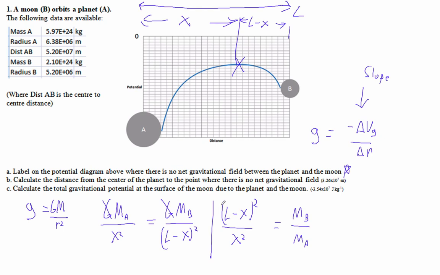The beautiful thing about this is that we can now square root both sides. This side just becomes the square root of the ratio of the masses. This side, the squares go away. And then, of course, you can rewrite this as L over X minus X over X equals the square root of M_B over M_A. Just a mathematical trick, right?